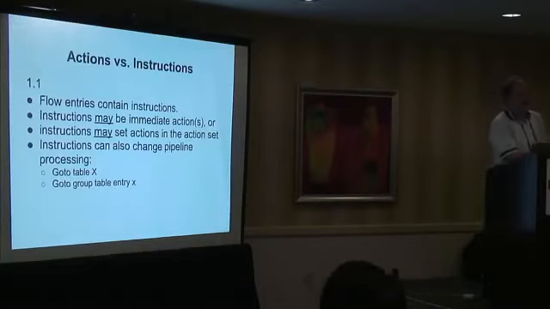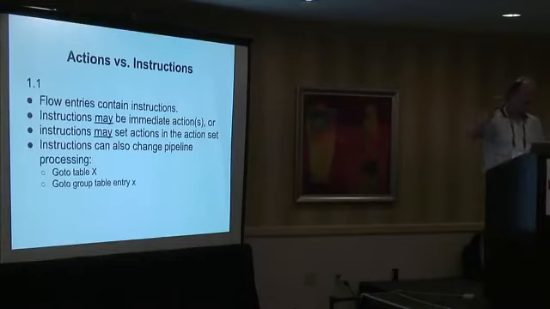Instructions can say to jump to a higher number table. They can't say jump to a lower number table, so you can't have things back up, essentially. The pipeline only moves forward in the switch. And I was starting to say, in this data structure that's now moving with the packet through the switch, remember the 32 bits of nothingness at the beginning?